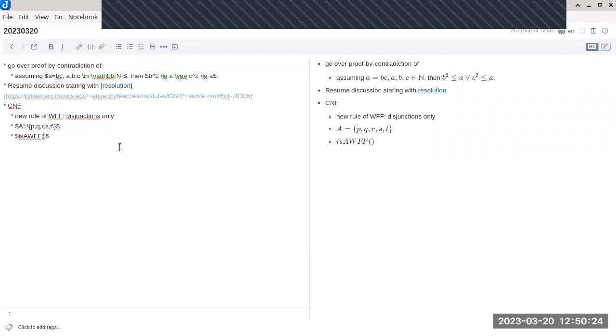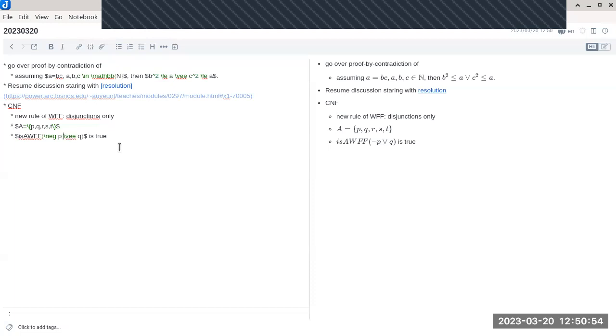And this time we have not P or Q. That is true, because in this case we have an OR, and then all of the things that we are ORing, each one is either something from alpha directly or the negation of something from alpha directly. Is that okay? All right.